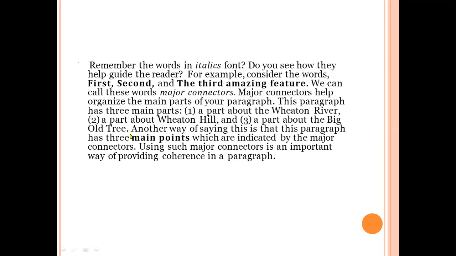Another way of saying this is that this paragraph has three main points, which are indicated by the major connectors. Using such major connectors is an important way of providing coherence in the paragraph. So, our paragraph is coherent.